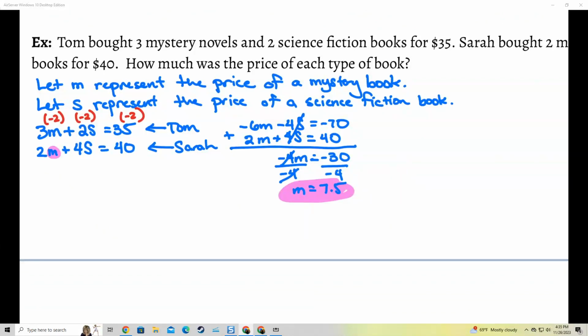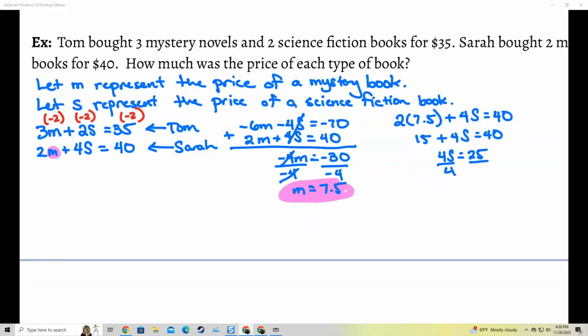What is that going to turn into? That's going to turn into 2 times 7.5 plus 4S is equal to 40. 2 times 7.5, that's 15, plus 4S is equal to 40. Subtract 15 from each side, I get 4S is equal to 25.